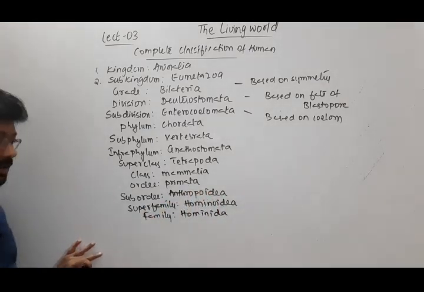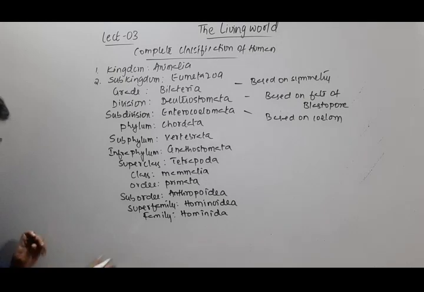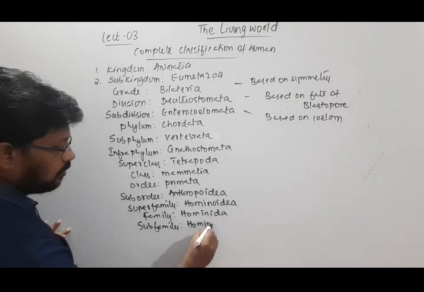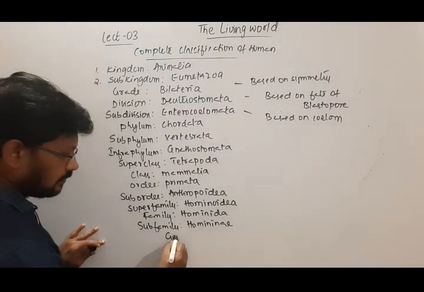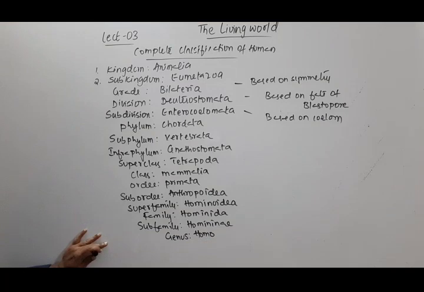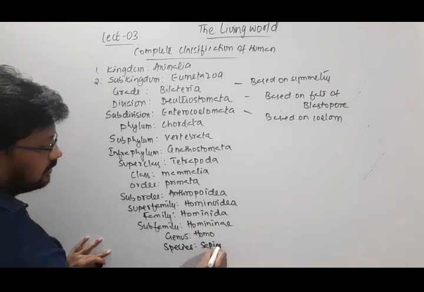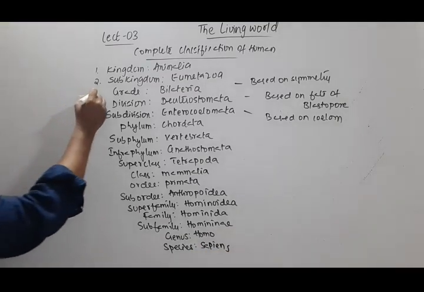So there is a difference between the superfamily name and the family name: this is Hominoidea and this is Hominidae. And there is even a subfamily, which is called Homininae. Lastly we have the genus, which is Homo, and the last one is the species, sapiens. So this is the complete classification of human.